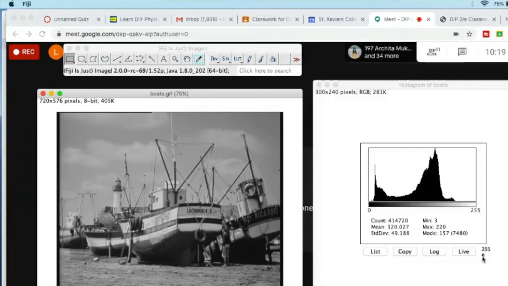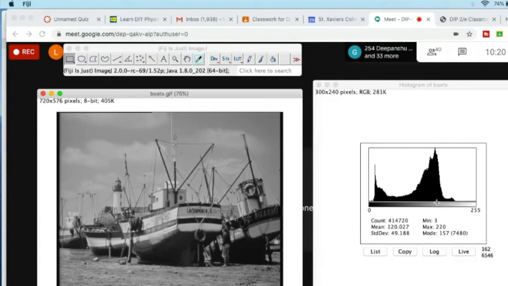This means that at the 255 intensity level, the frequency of occurrence of 255 in the image is 0. If I keep on going down, at 219, you see, there is 1 pixel. If I keep on going towards the peak of this histogram, the peak is coming somewhere around 162.